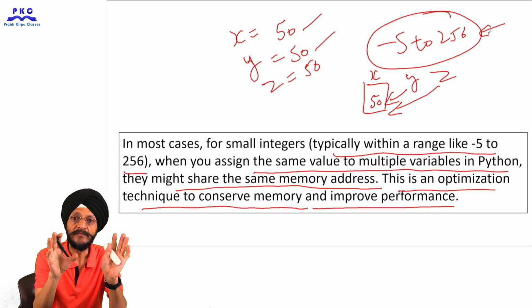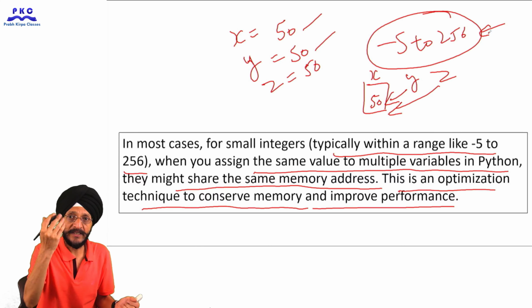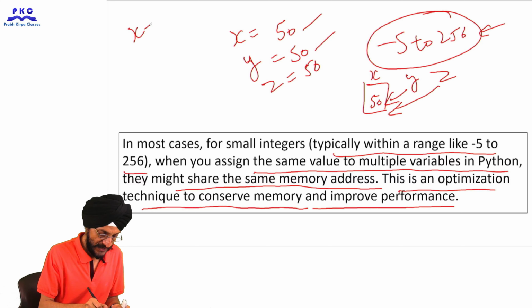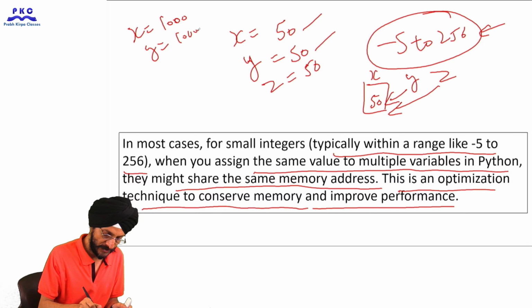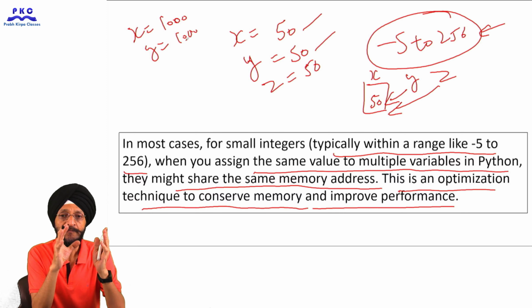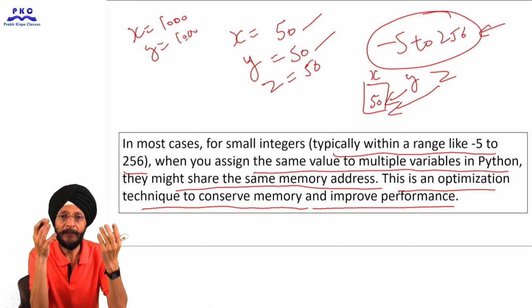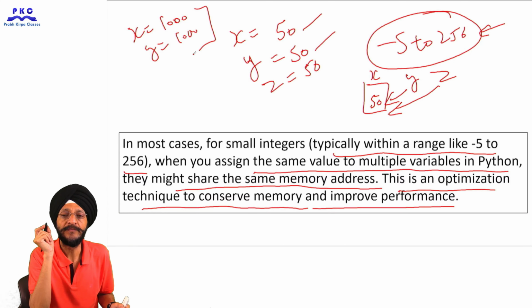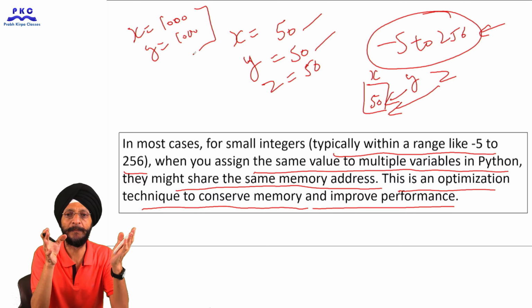But yesterday I tried out with x is equal to 1000, y is equal to 1000. Then I found out that the memory location of both was the same. It may also happen.